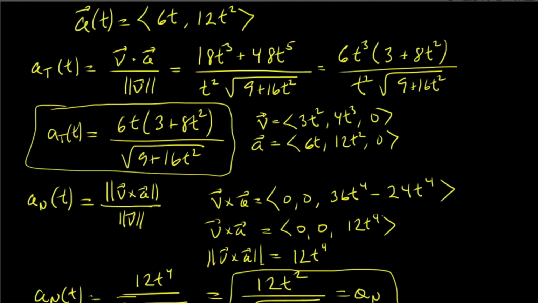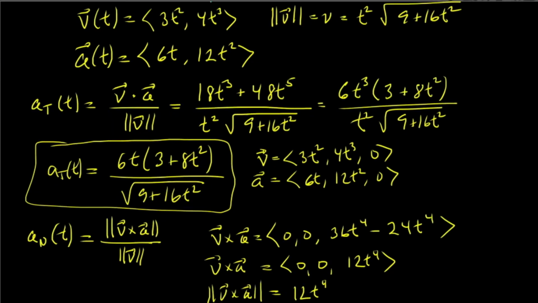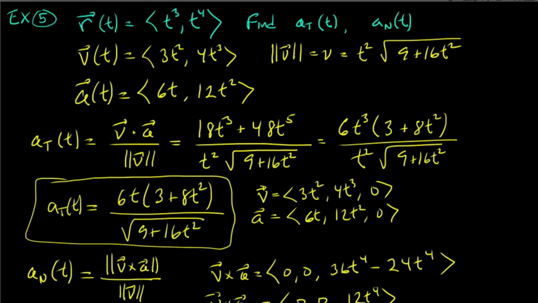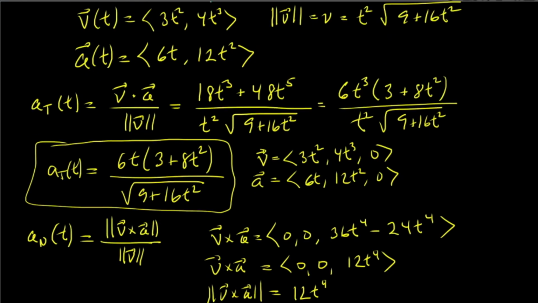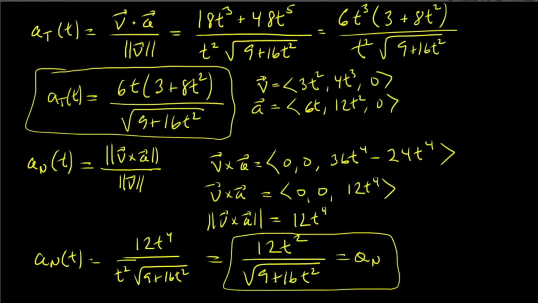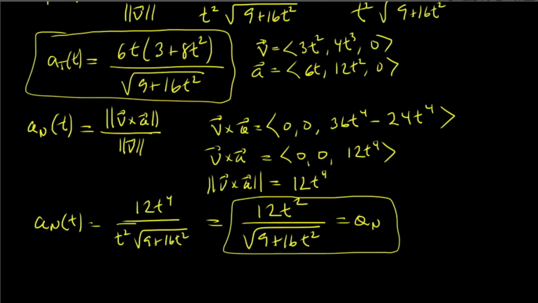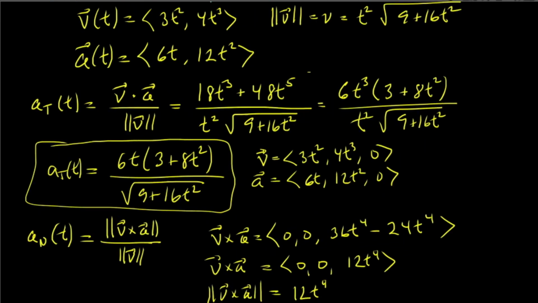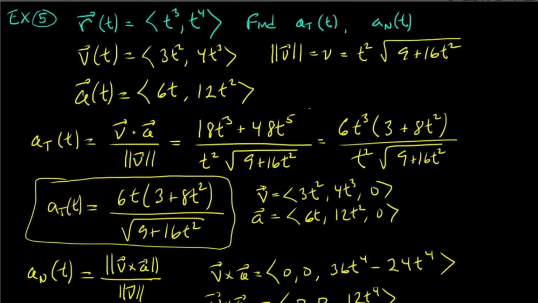Yep, and so I think that's all there is. Obviously, if this thing had 3 components, then it's going to be a little more complicated. And there might be one of those for the homework where you're finding the tangential and normal acceleration in terms of t, usually. Although if they ask for it at a specific t, you can take shortcuts and just find the values at that point.